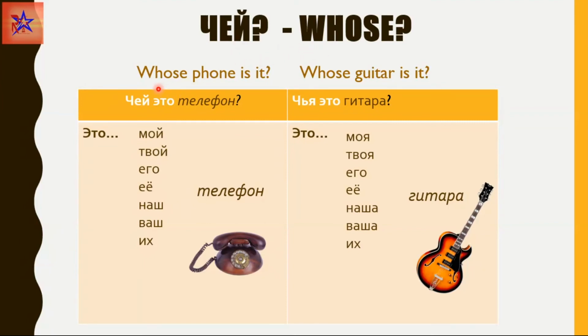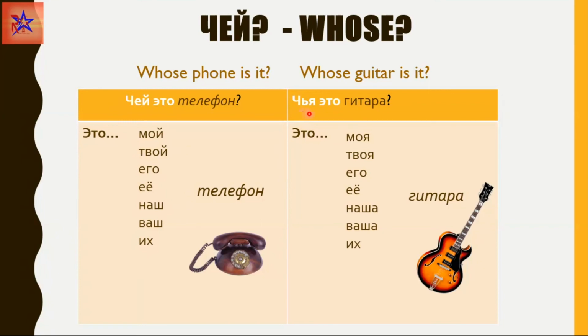And as you know, there are genders and numbers in Russian, so чей changes according to number and gender. So чей – это телефон, which is masculine. So you can say это мой телефон, or это твой телефон, and so on.